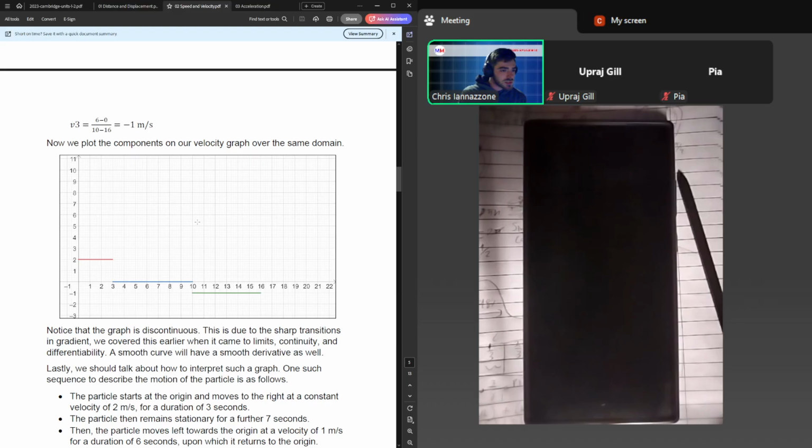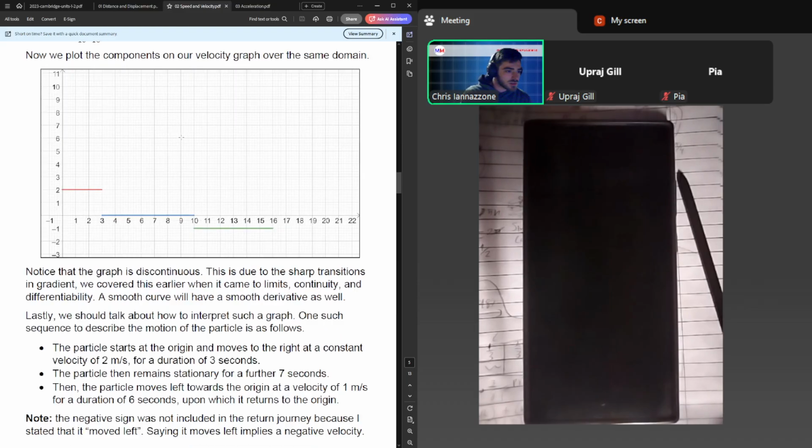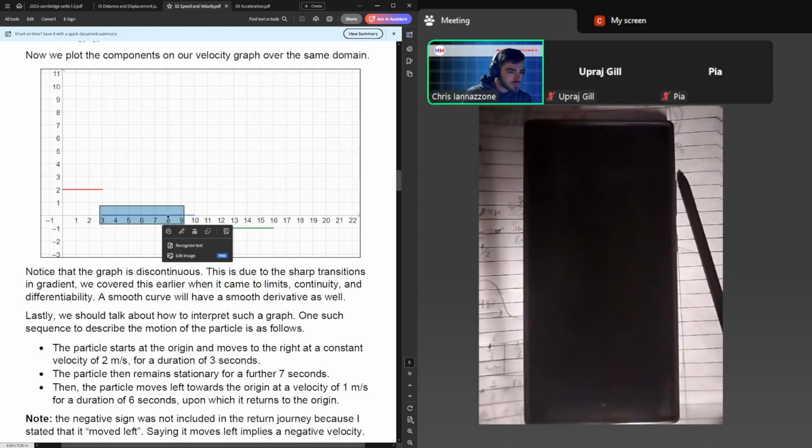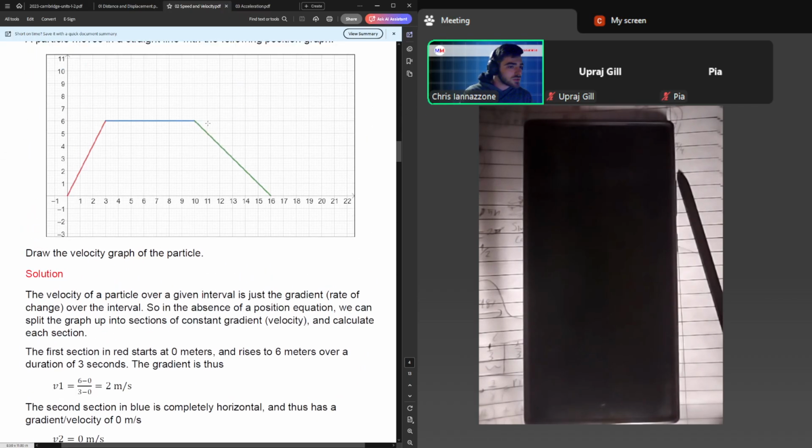When it comes to calculating or plotting your velocity graph, you're essentially just going to draw each of those sections. This, of course, will be a piecewise function because you have these sharp connectors, where it doesn't smoothly join up, and that's why you've got discontinuities at the crossover points.